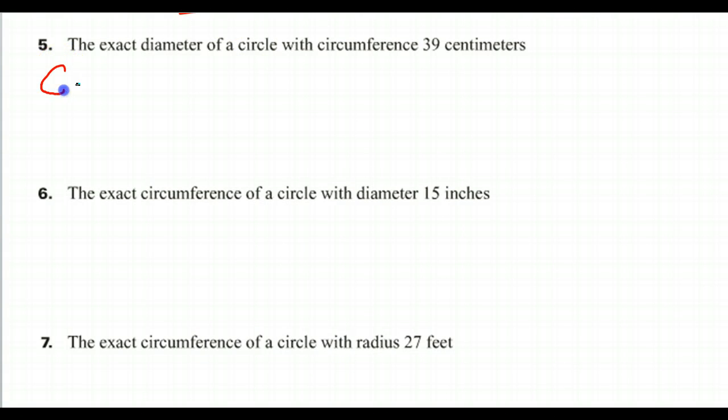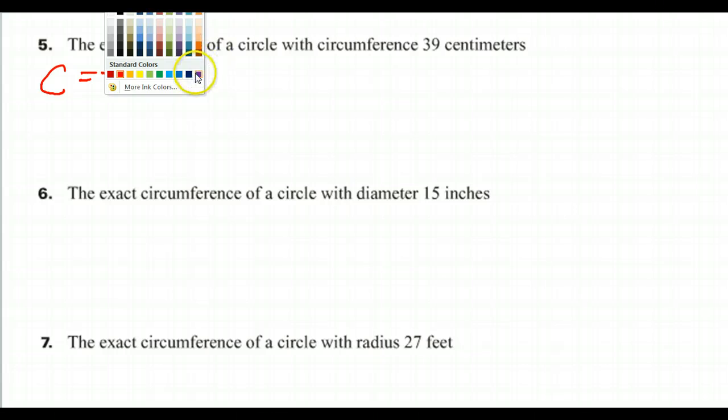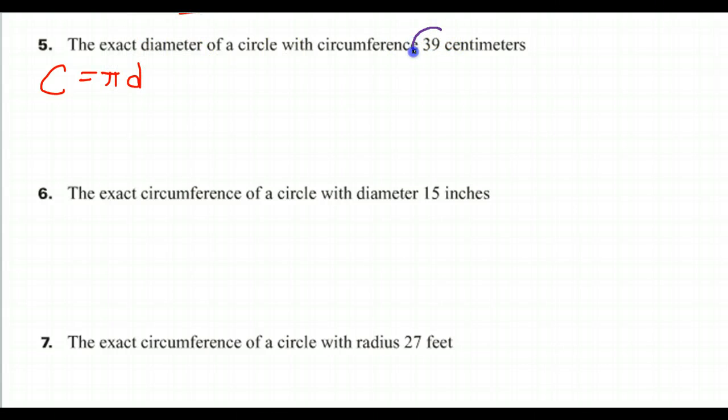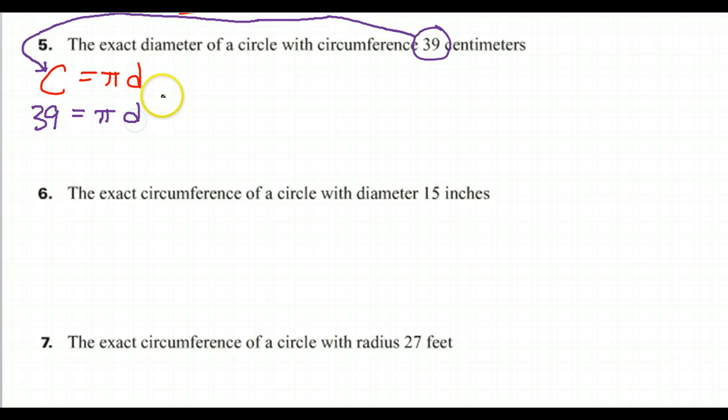So let's do that. Circumference equals pi times diameter. But since they gave me the circumference of 39, there's no reason why I can't put that in there. So that's going to give me 39 is equal to pi times the diameter.